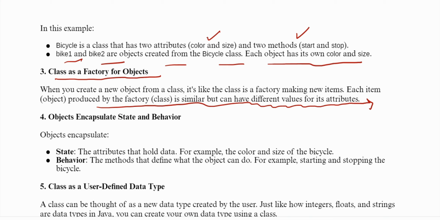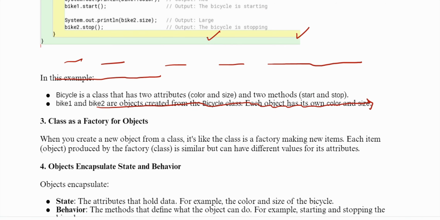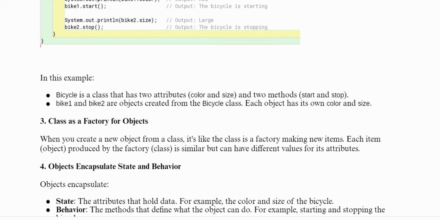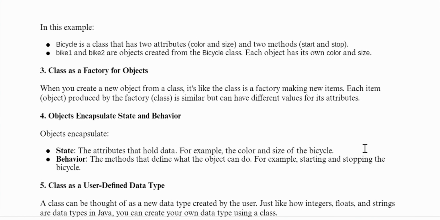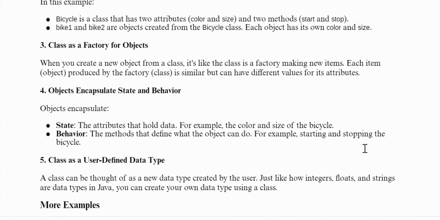In the previous example, what is the similarity? They belong to bicycle. So a bicycle will have two wheels, one handle, one seat, right? And what is different? It has different colors. Bike one is of red color and bike two is of blue color. Size is different, right? So that's why it works.